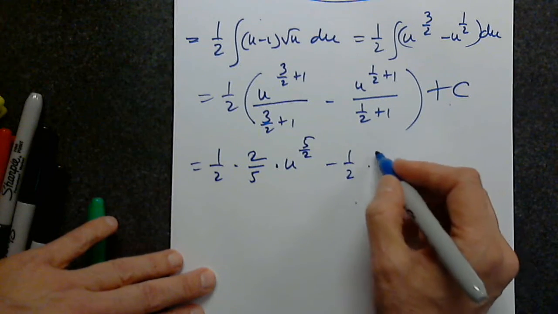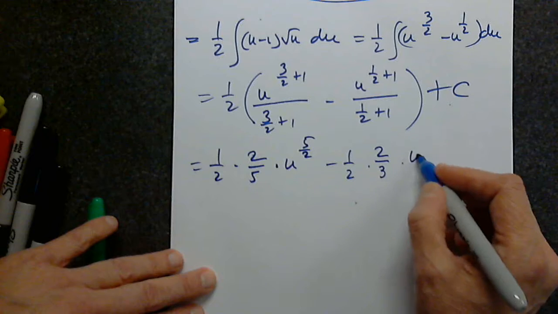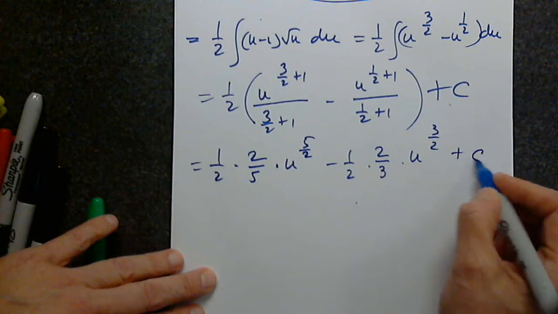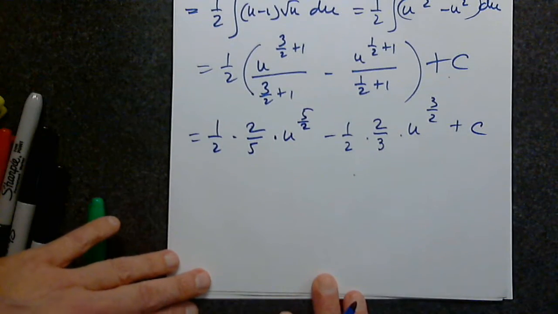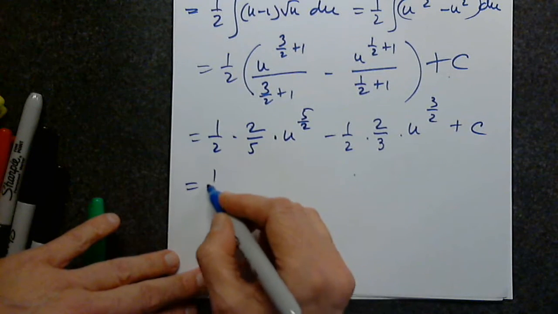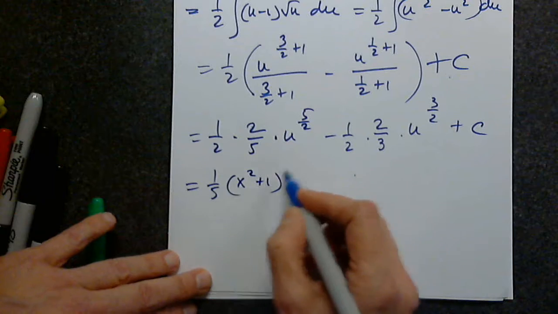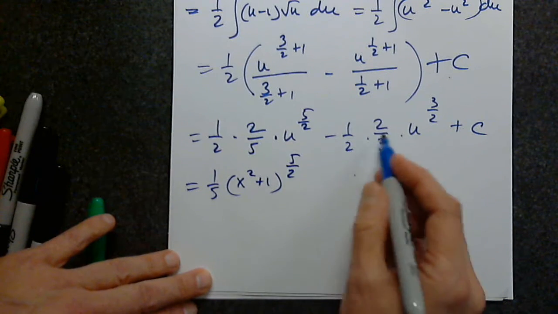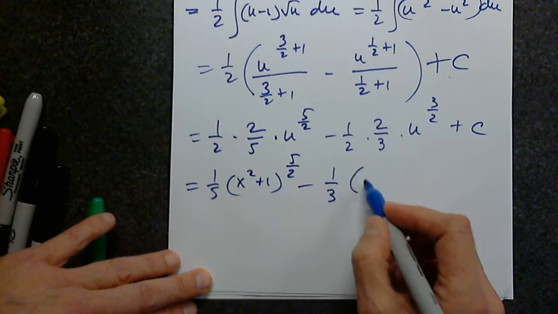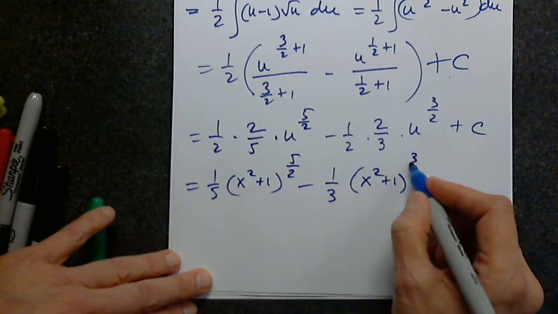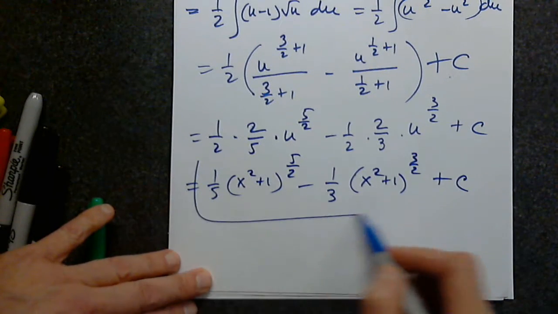This is 3 over 2, so it's 2 over 3 times u to 3 over 2 plus a constant c. I take care of the numbers in front, 1/5, and now u is x squared plus 1 to 5/2. Take care of the numbers in front, 1/3, x squared plus 1 to 3/2 plus a constant c.